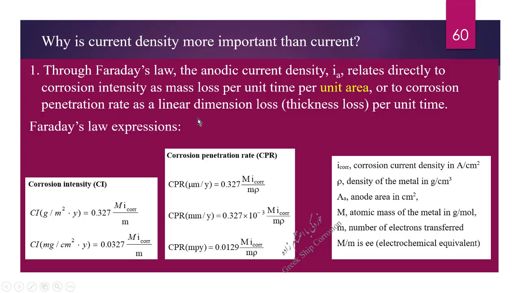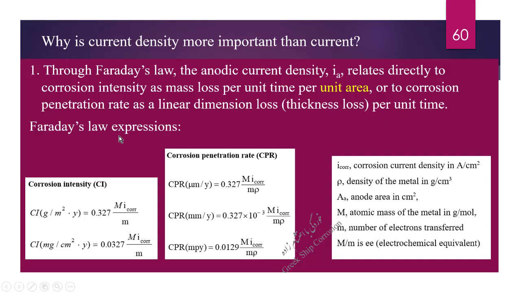Through Faraday's law, the anodic current density iA relates directly to corrosion intensity as mass loss per unit time per unit area, or to corrosion penetration rate as a linear dimension loss, thickness loss, per unit time.